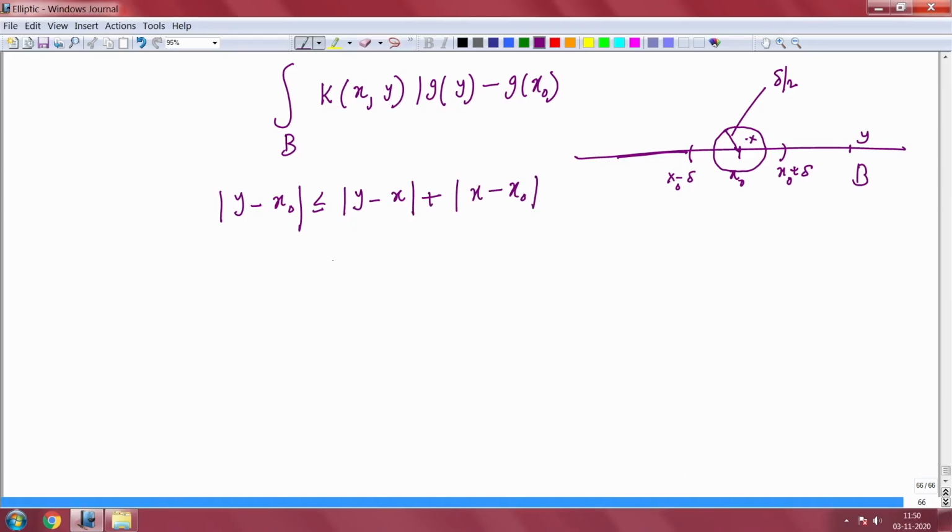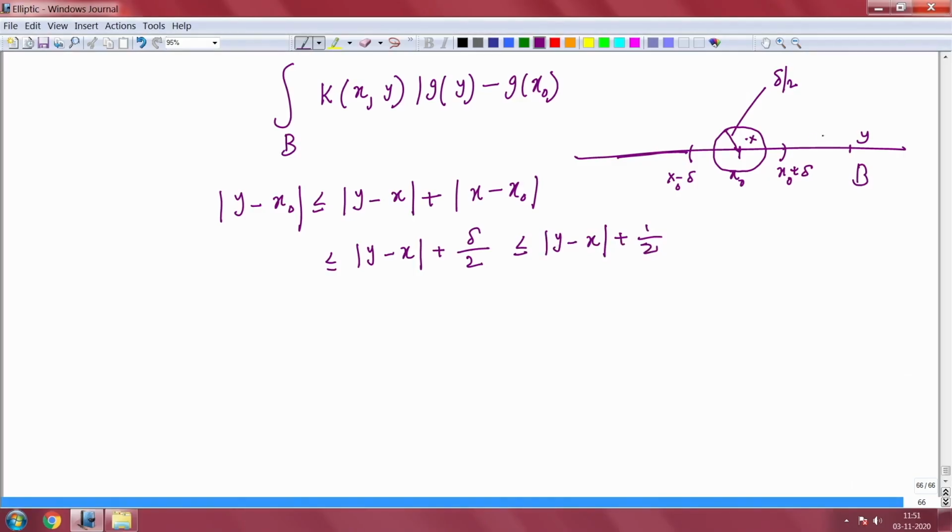This is less than or equal to modulus of y minus x plus modulus of x minus x naught, which is less than or equal to delta by 2. But that can be written in terms of modulus of y minus x, since y is here.